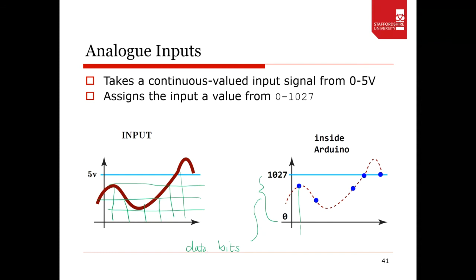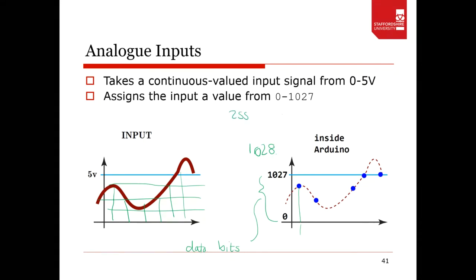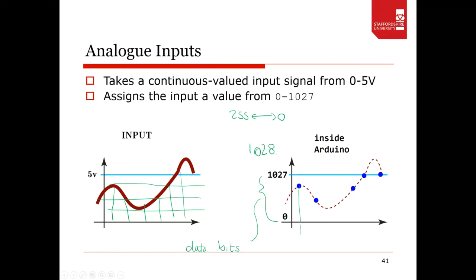It says 1027, so it's 1028. And I know that we do it from 255. We step it down to 255.